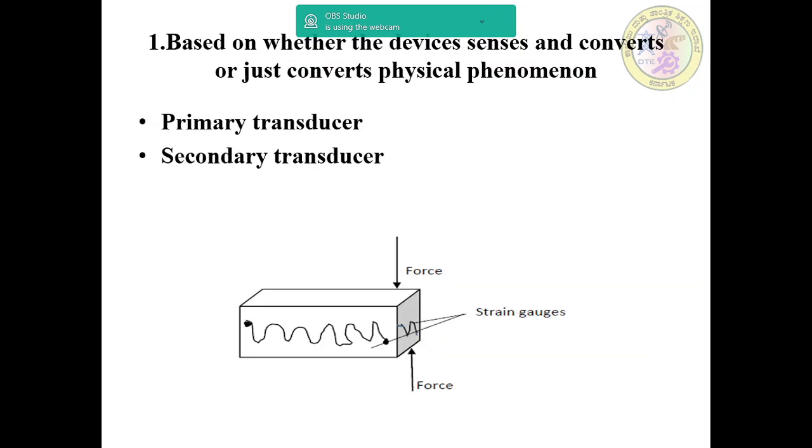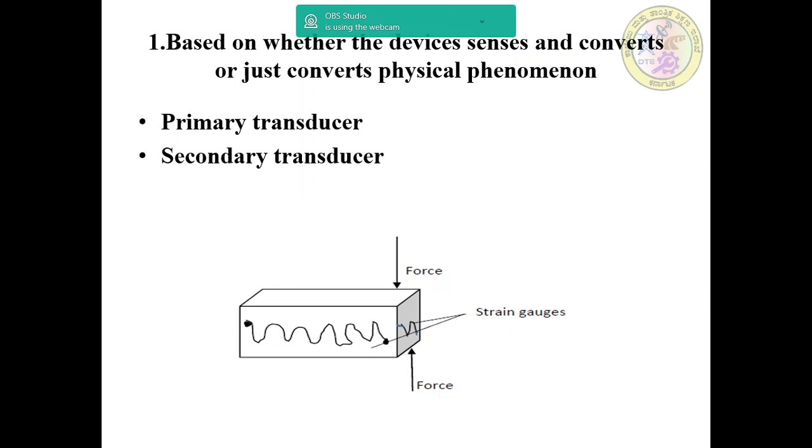First one we will take based on whether the device senses and converts or just converts the physical phenomenon. In this there are two types, primary transducer as well as secondary transducer. Primary transducers are detectors which sense the physical phenomenon and convert it into an analogous output.